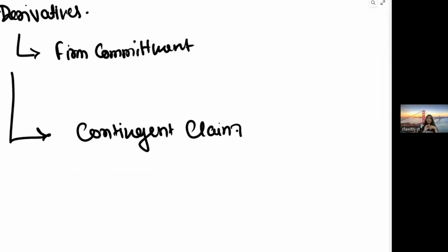A contingent claim is when only one of the parties, either A or B, will decide at what rate and at what time the underlying asset will be sold or purchased. The example of a contingent claim is the option. We'll learn about options more in further videos, but just remember that an example of a contingent claim is options, and firm commitment examples are futures, forwards, and swaps.